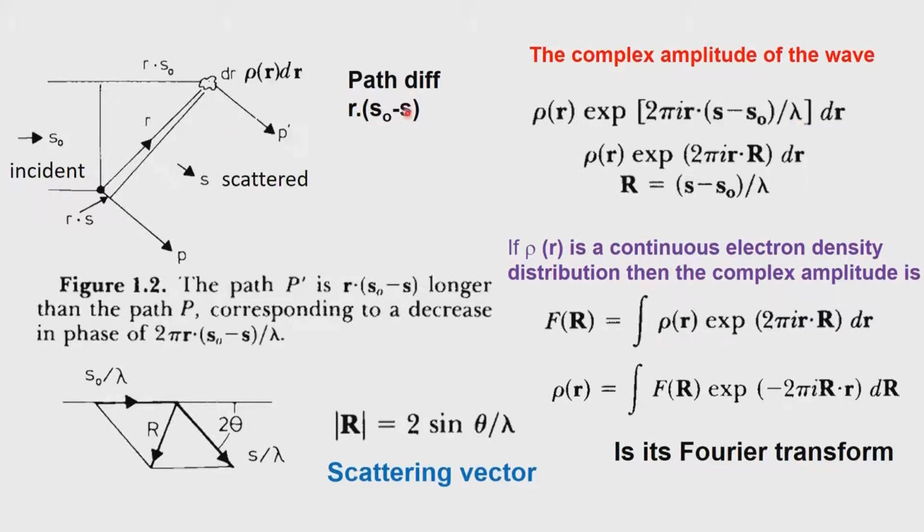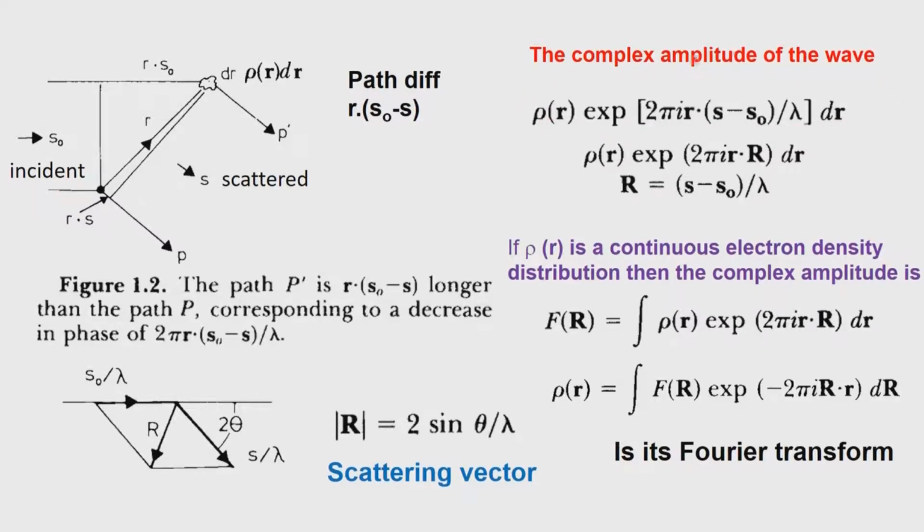So, the larger the path difference, the larger is the phase difference, and therefore, there is a change of sign. The change of sign is incorporated by changing s and s naught positions. So, we have therefore, the complex amplitude expressed in this following way.